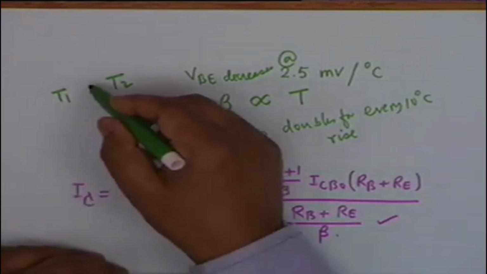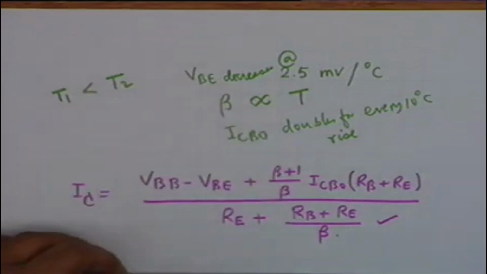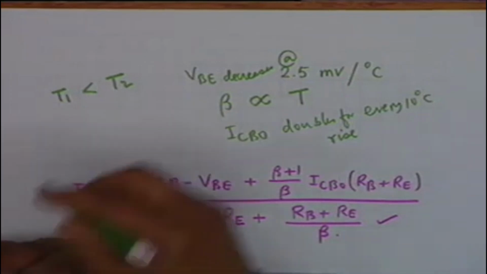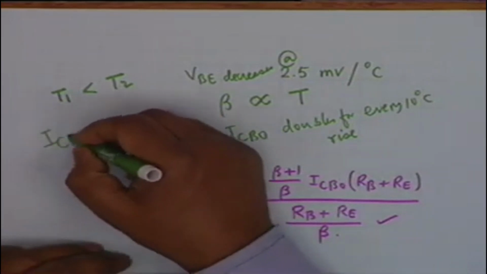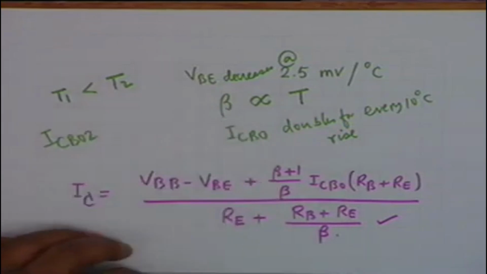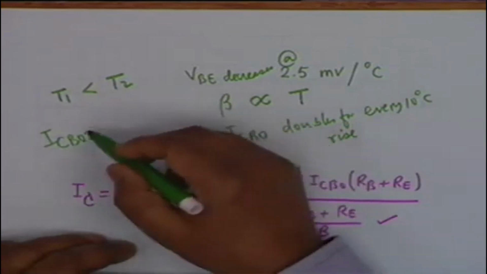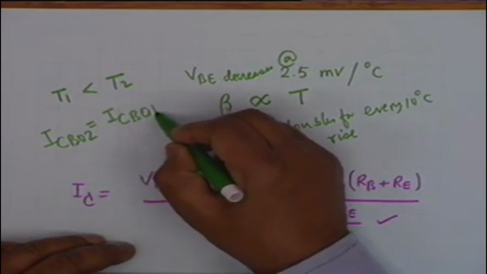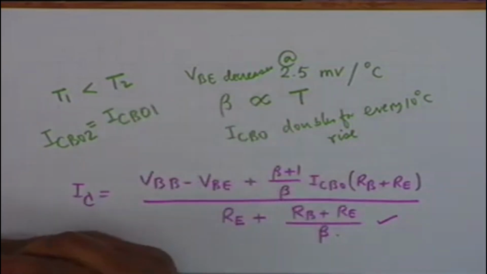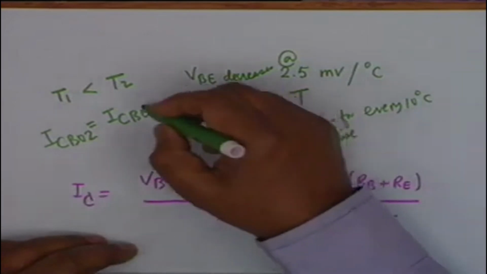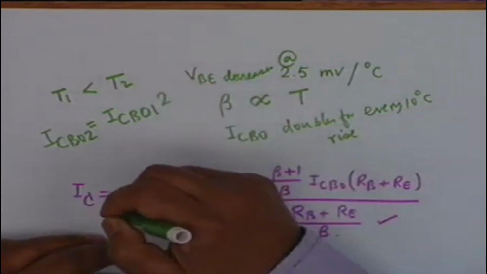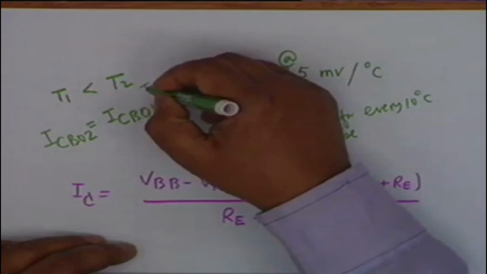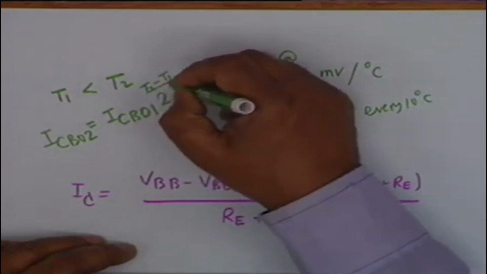If I have 2 temperatures T1 and T2 where T2 is greater than T1, then I sub CBO2, that is at the increased temperature, shall be I sub CBO1, that is at the decreased temperature, multiplied by 2 to the power (T2 minus T1) divided by 10.